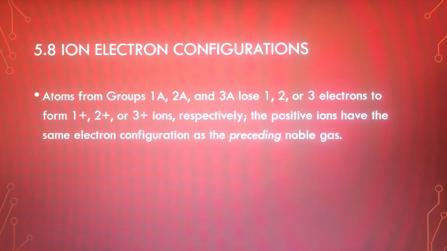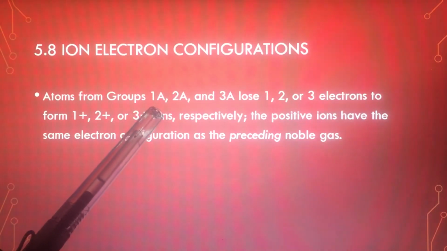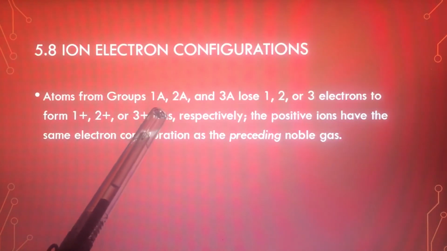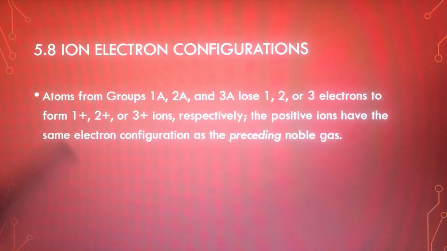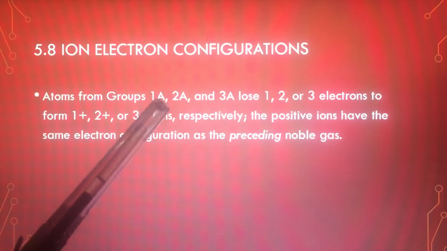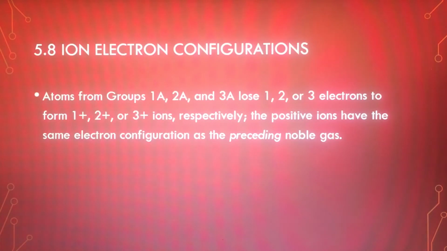For example, we have sodium. Sodium, Na, is found in group 1A. Therefore, the sodium atom loses 1 electron to become positive 1, so Na+. Na+ only has 10 electrons. Na has 11 electrons, and if it loses 1 electron, it will only have 10 electrons.